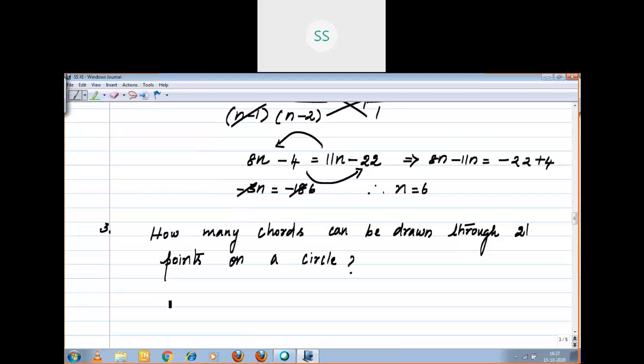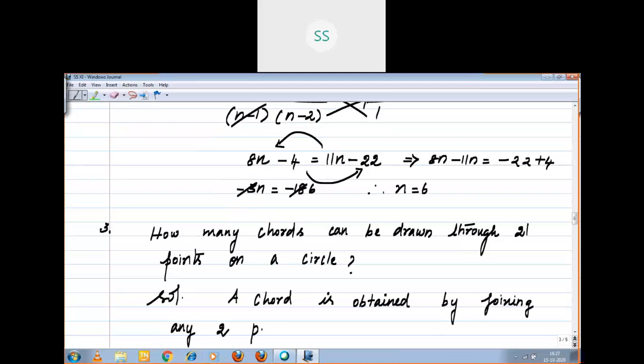Now, solution. A chord is obtained by joining any 2 points on a circle. Any 2 points on a circle.